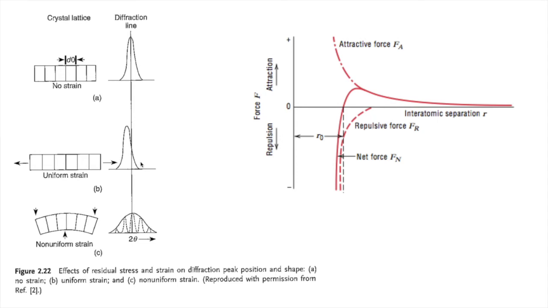If we had compression, you'd expect this shift to the right of the position with no strain. We can also relate that to the bond force diagram. This is the equilibrium bond force diagram between atoms, right? If you think about the atoms in these consecutive planes as the atoms in this bond force diagram, then when the force is 0, that's the equilibrium position.